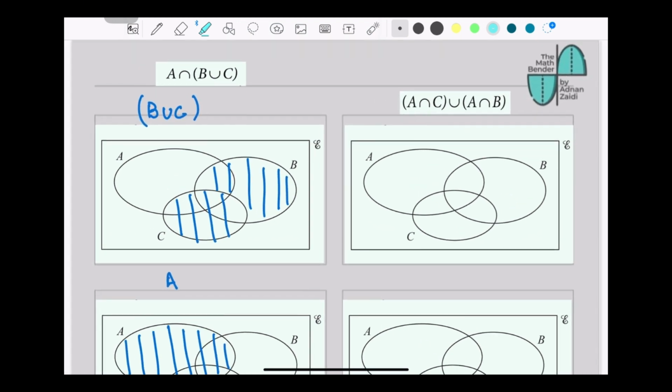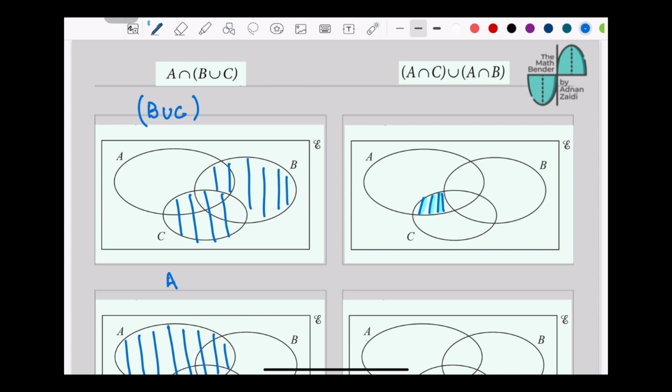So for this type of question, first A intersection B and A intersection C. The first step, A intersection C is this only. This only.